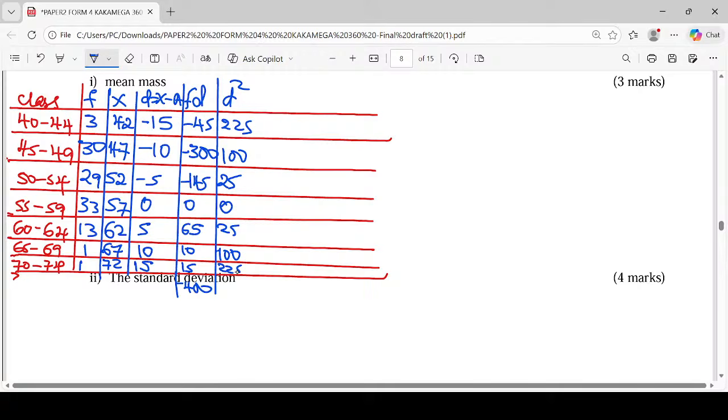After that, let's also populate another column, which we call FD squared. In the FD squared, we are going to take F times the values of D squared.